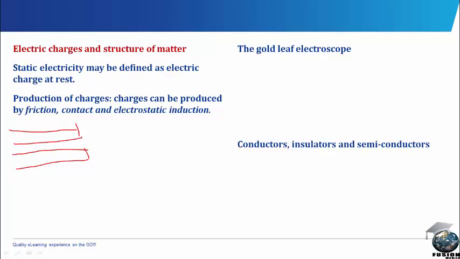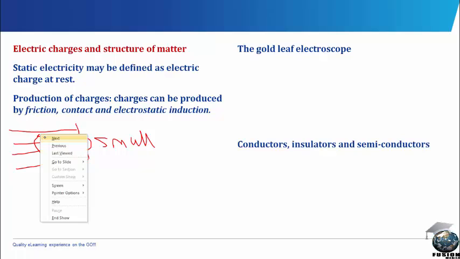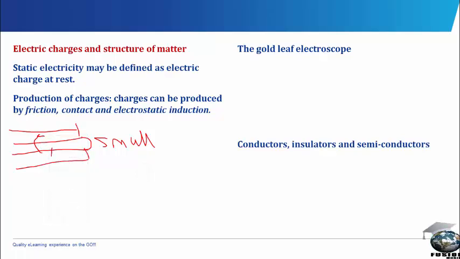This particular gap here is very small, such that electrons can move easily from here to this point, crossing over. When electrons are moving from the valence band to the conduction band, they conduct electricity.